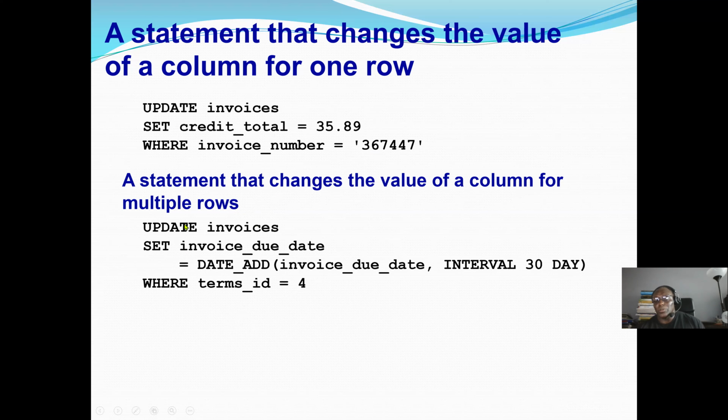So we say update invoices, then we are setting the invoice due date, which equal to date add, the invoice due date interval of 30 days, where the terms ID equal to 4. So this statement will change the value of a column for multiple rows because of the condition we have, the interval 30 days.